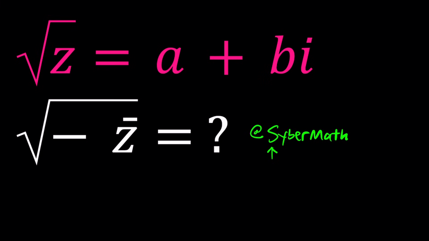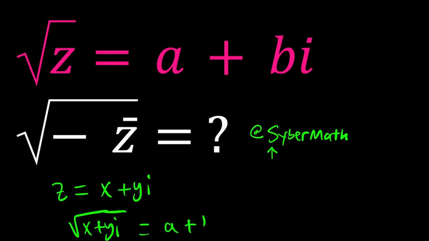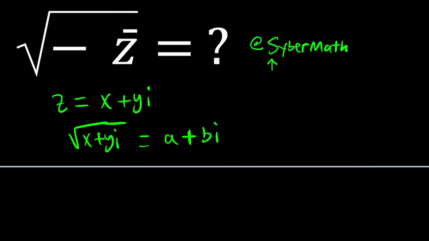First of all, I'm going to look at it in the general sense. What does it mean if the square root of z is a plus bi? You can start with the following. Suppose z is equal to x plus yi, and then the square root of x plus yi is going to be a plus bi. This expression is kind of weird, because when you say the square root of a real number, if the number is non-negative, there is a unique square root.